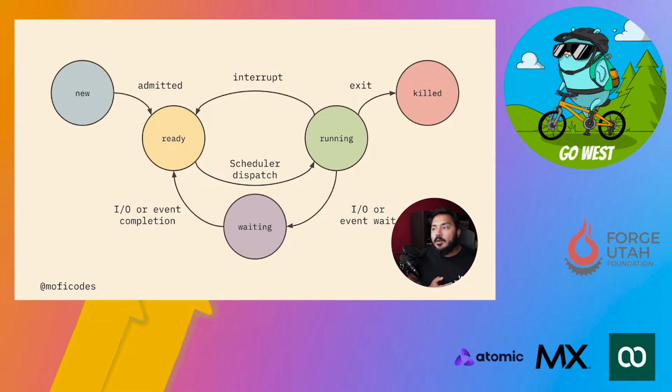Whenever the operating system has the capacity to run it, the scheduler sends it to running. You could do some sort of interrupt to get it back to ready, or let's say you are waiting on some IO event or a wait or sleep, and it can go to waiting. Then it goes back to ready and running, and at some point it will exit and get to the killed state. That's how pretty much every application on your computer runs. There could be some sub-states, but these are the main big ones.